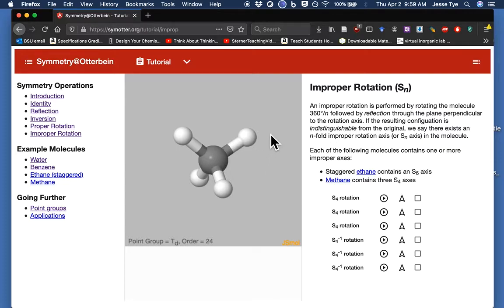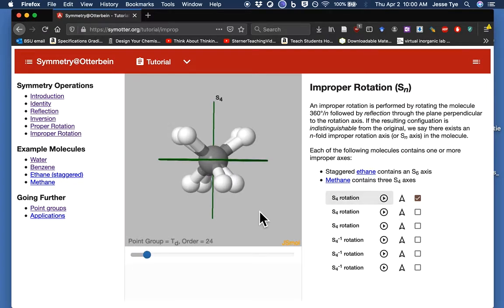So there's no axis that I can do a quarter turn, or a 90-degree turn, and have the molecule be indistinguishable. But there is this thing called an S4 axis. And so here goes this weird thing. It has a line and a plane because you do a rotation and then a reflection. Take a look at this one going. It does a turn and then a reflection. So this rotates by 90 degrees and then it reflects through a perpendicular mirror plane.